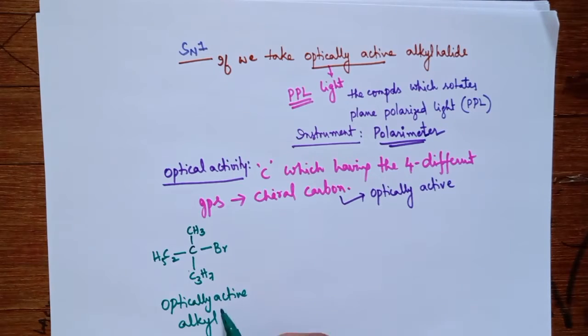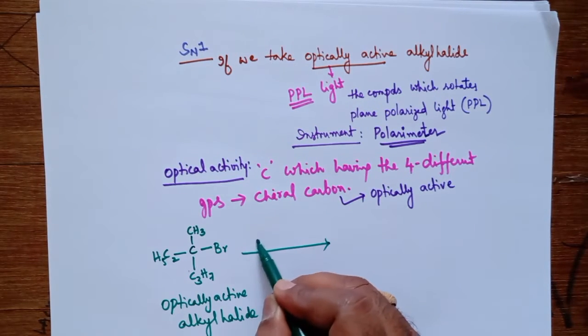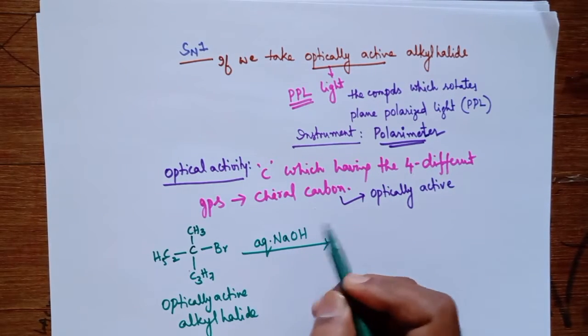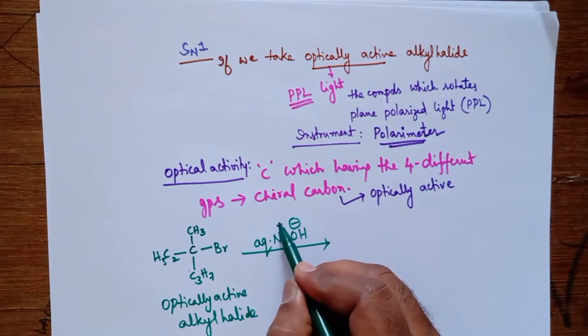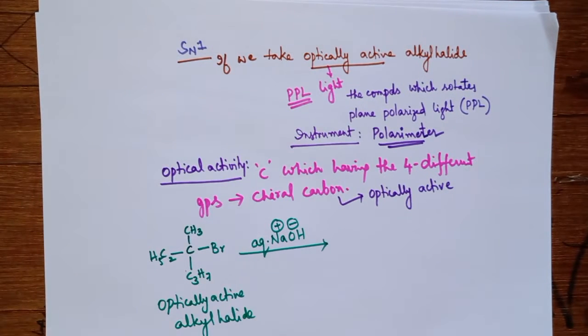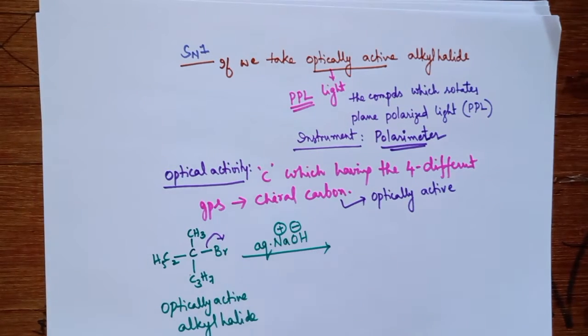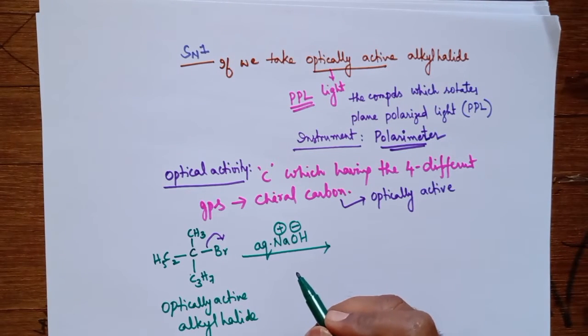When it reacts with aqueous sodium hydroxide, there are positive and negative charges, right? So the Br minus leaves. This compound forms the carbocation, right?